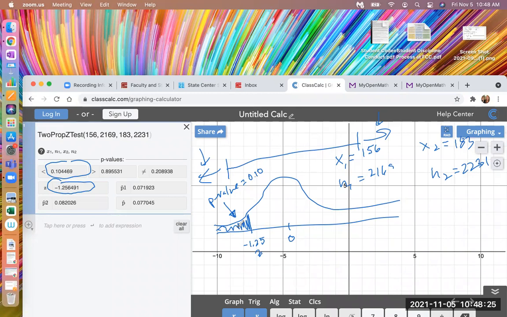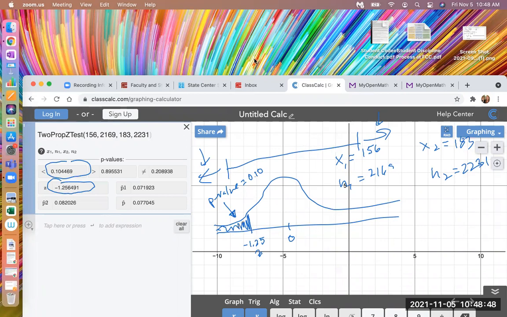How common is it to get samples that have such different p-hats from each other? So that is the picture that goes along with this particular problem.